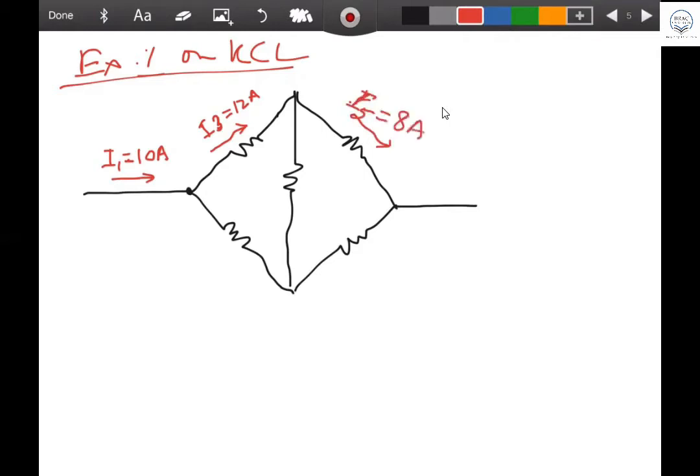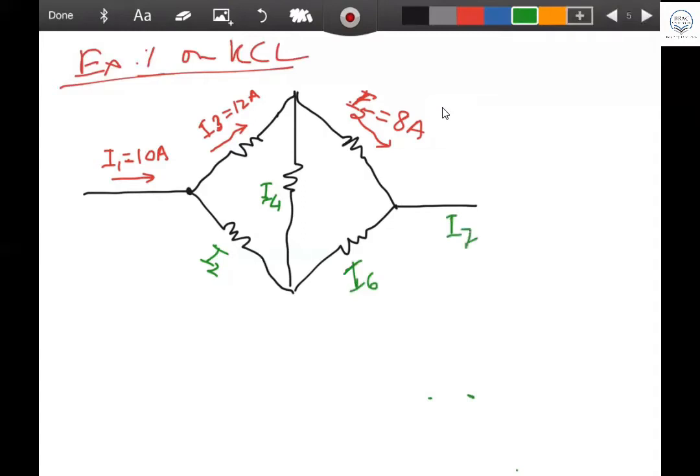If this is the current flow direction and these are the values, now the values you have to find are these. Let's say this value I can write I2, this value I4, this value I6, and this value I7.